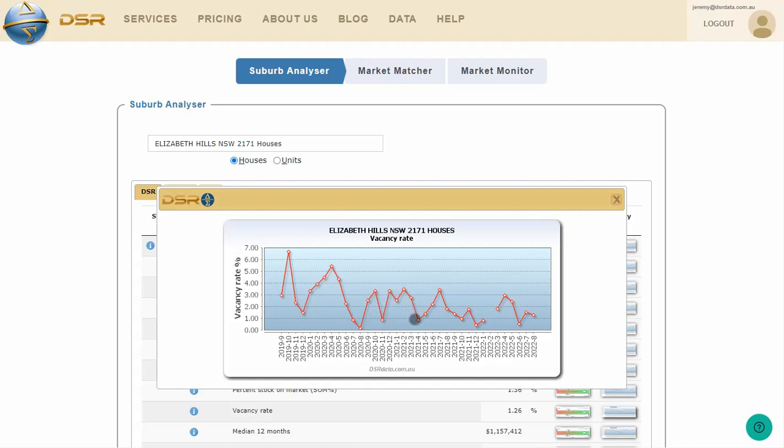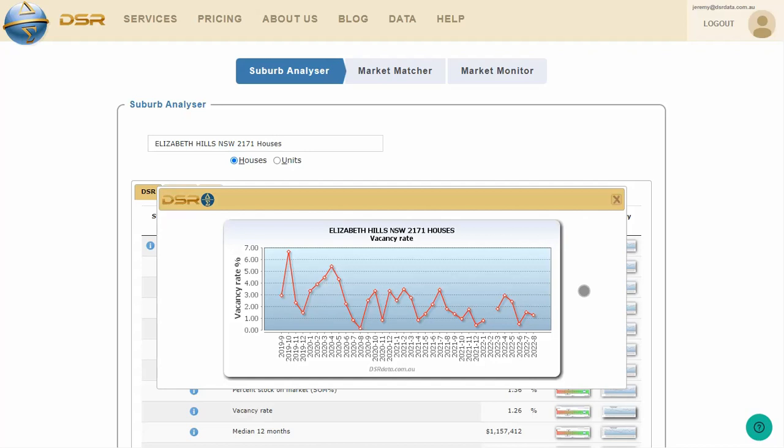First of all, there are not many houses in Elizabeth Hills, and therefore not many rental properties. So when one becomes available, it has a big effect on the percentage that are vacant. If there are only 100 rentals in a suburb and only one becomes available, then the vacancy rate jumps by 1%. And if it gets rented, the vacancy drops by 1%.